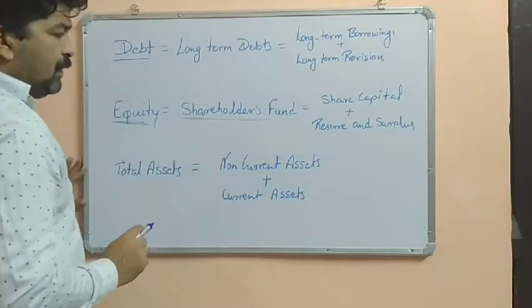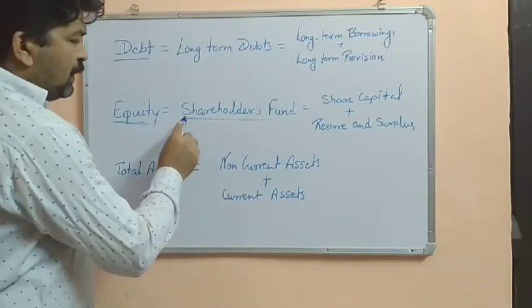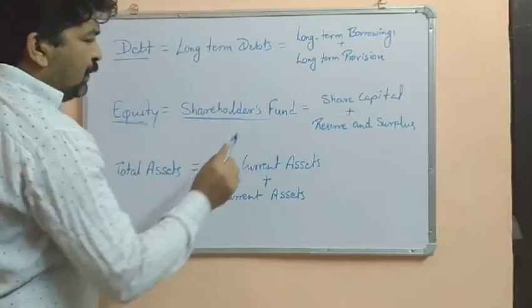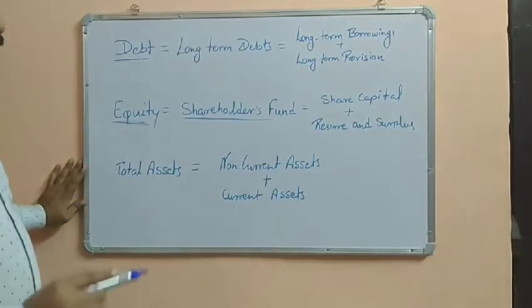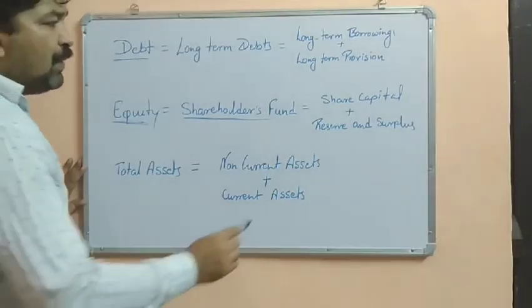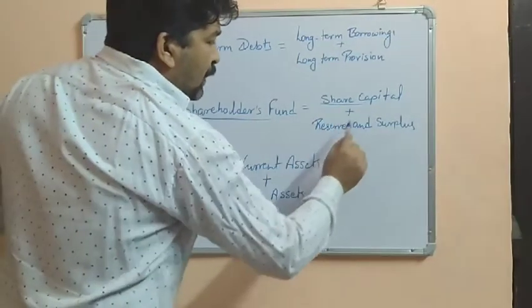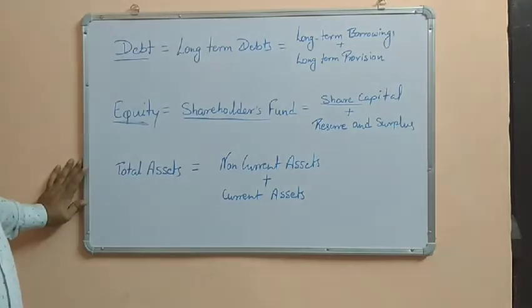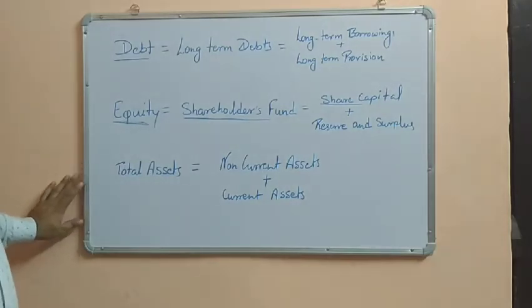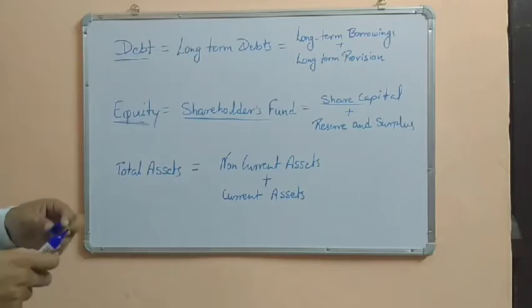shareholder fund. I hope you are able to understand what is shareholder fund. The part of investment which is done by the owner is known as the part of equity. It consists of share capital and reserve and surplus. Share capital includes both equity as well as preference share.